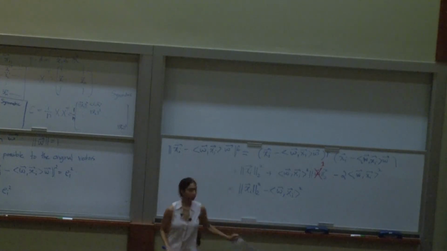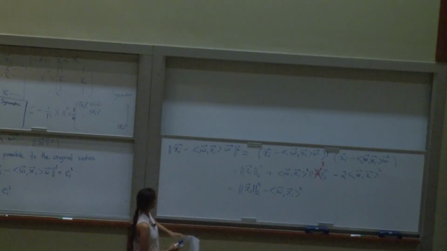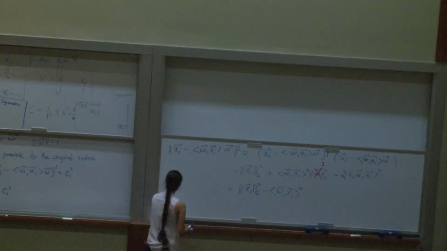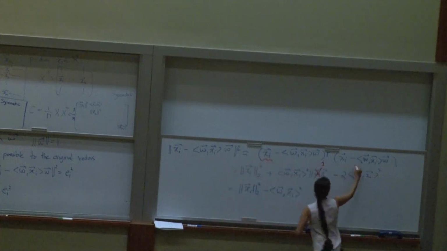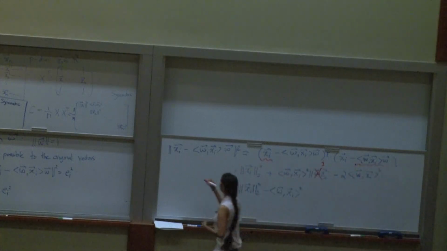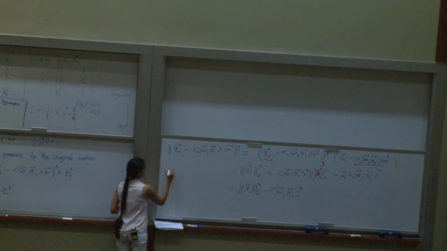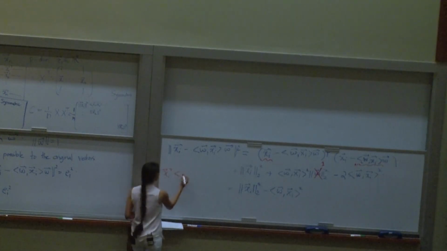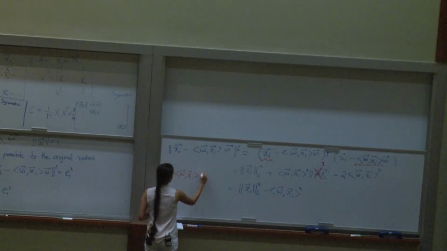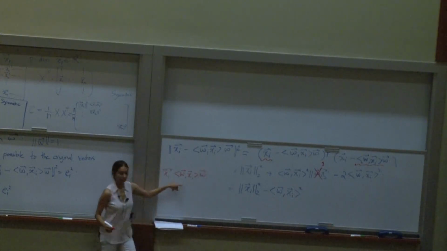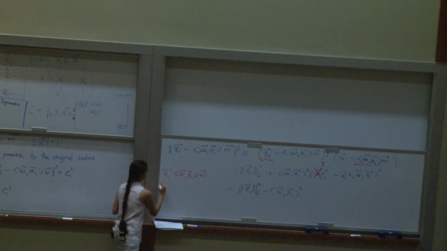Could I review the? There should not be. But here, okay, what did I do here? I have this times this, right? So I have xi transpose times w inner product xi times w. This is a scalar.